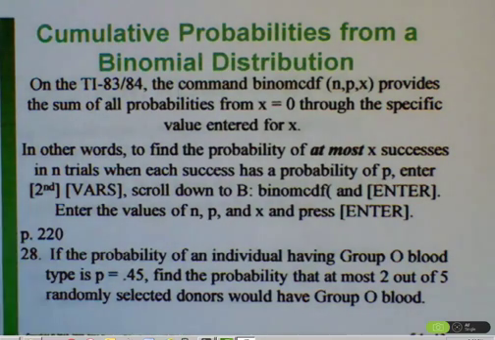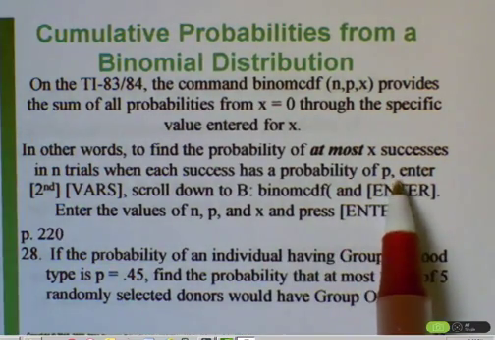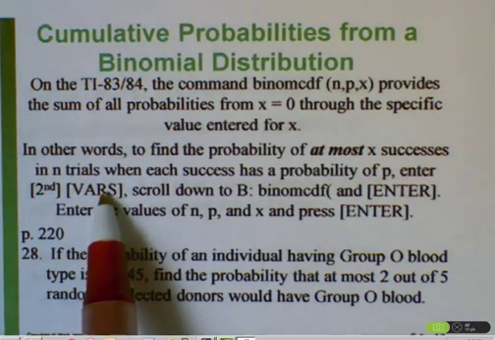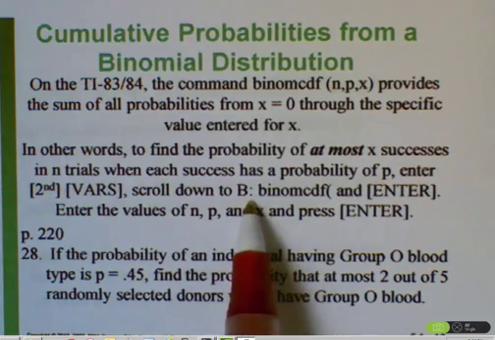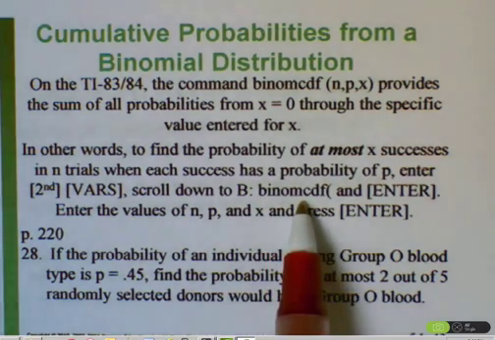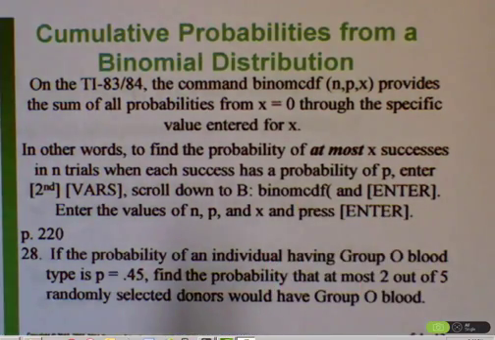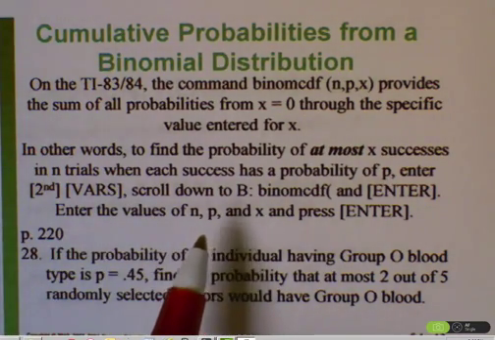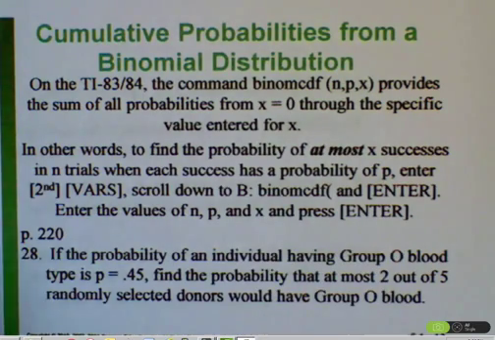In other words, to find the probability of at most X successes in N trials, if each success has a probability of P, go to second VARS, that's the distribution menu again, scroll down to binomial CDF, and press enter. Enter the values of N, comma, P, comma, and X, and then press enter again.